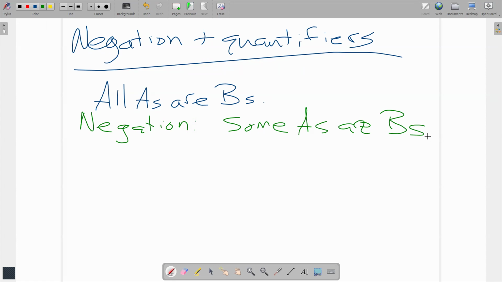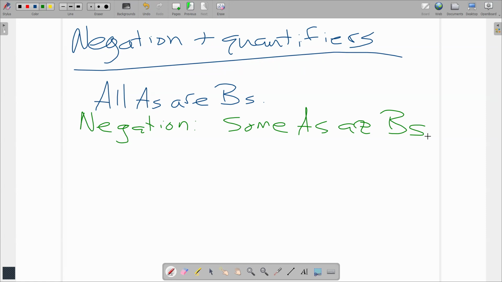And you've done simple negations in other ways. A negation is kind of like the opposite. Equal versus not equal, those are opposite things. -1 versus +1, opposite things. So what's the opposite of 1? It is -1. What's the opposite of -1? 1. They go back and forth. So if you started with some A's are B's, what would the opposite or the negation of that be?